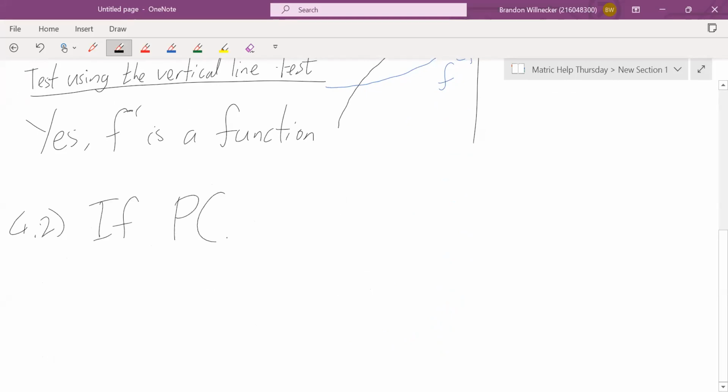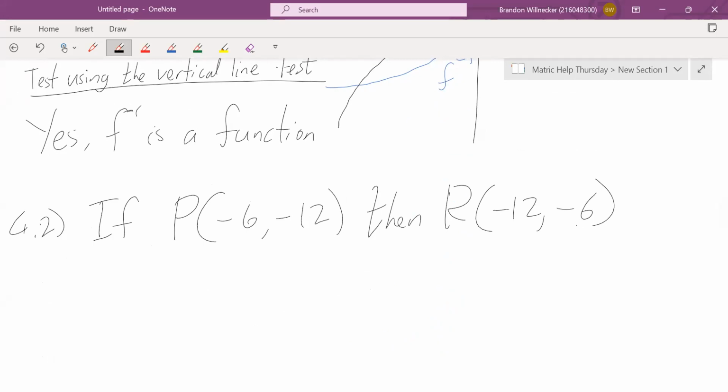If P is given by -6 -12, then R is given by -12 -6. Okay, we swap x and y whenever we reflect about the y equals x line.